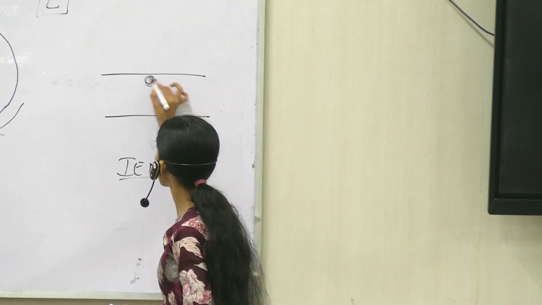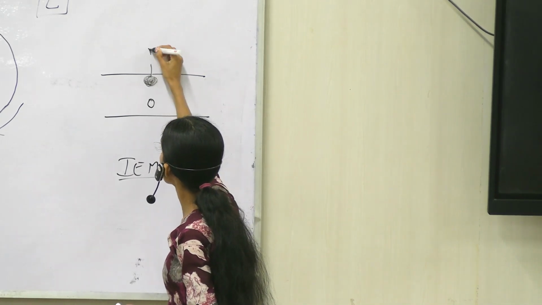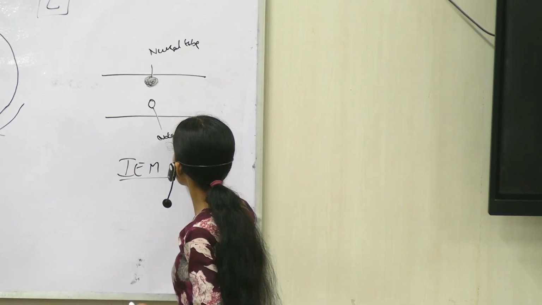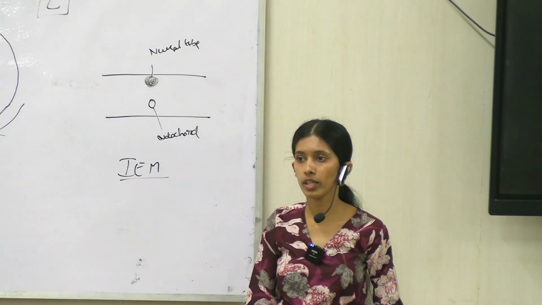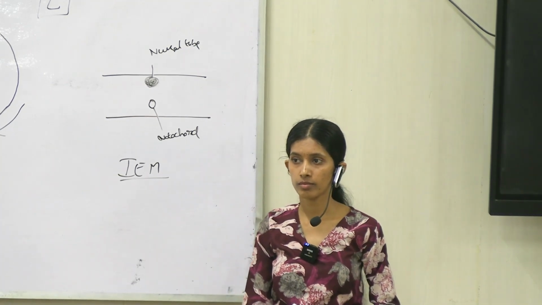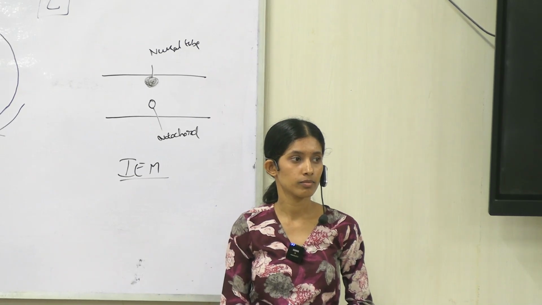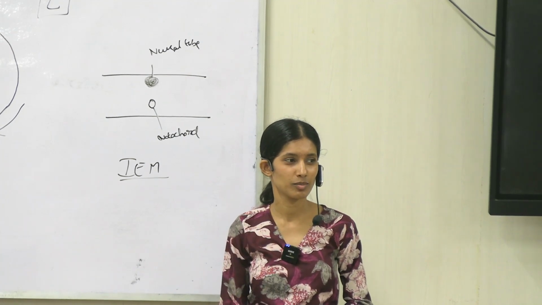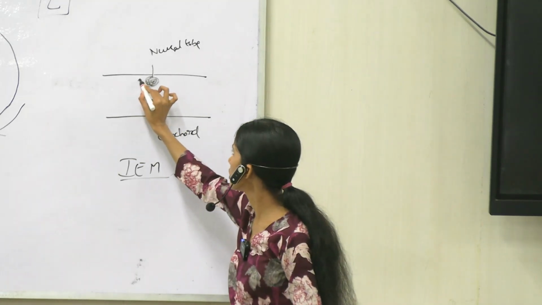Here we have neural tube and notochord is present below it. Any other structures? Neural crest cell. Where we can see the neural crest cells? If you just point like this, I will not get it. You have to say where. On either side of the neural tube.